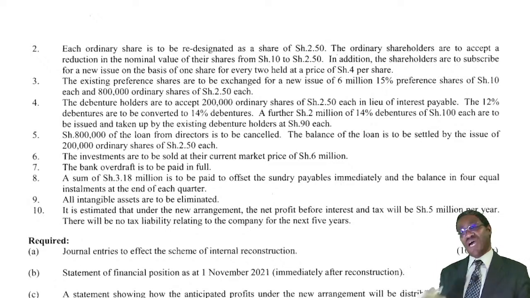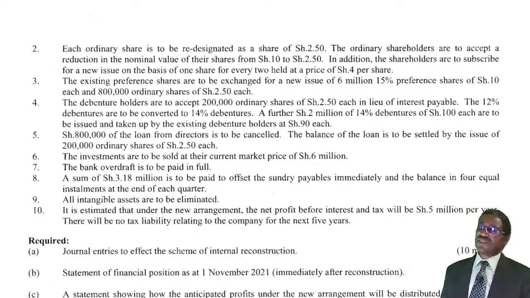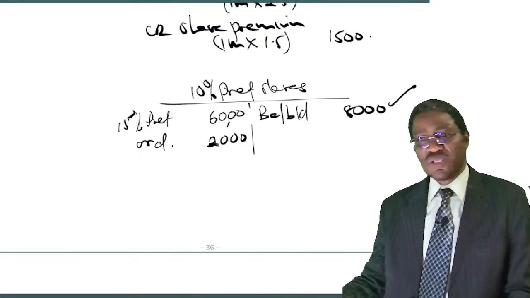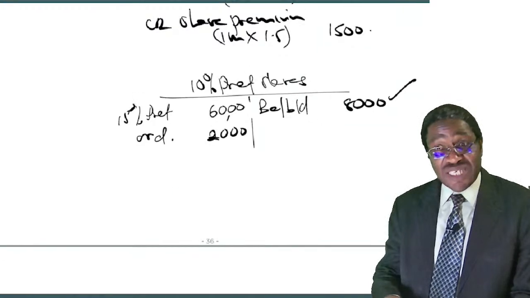That's the point. So he omitted the word shillings in front of the 6 million. Good. Let's go by that kind of a version. It makes sense. So now we are doing it in terms of journals.